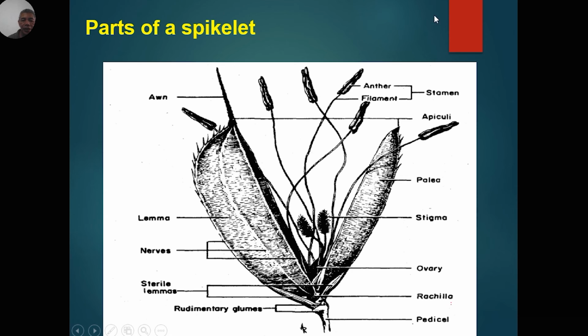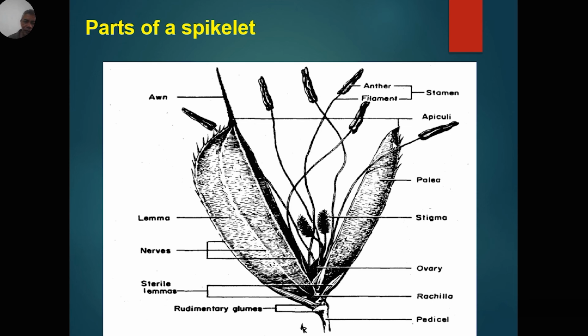And once the pollen grain, containing the male germ cell, falls on the stigma, it will travel through the style to the ovary wherein the ovule is located.